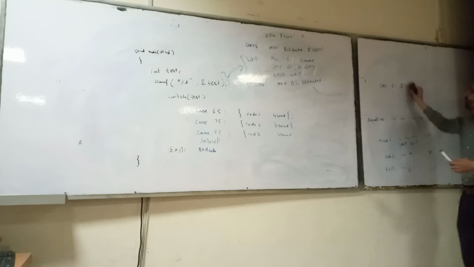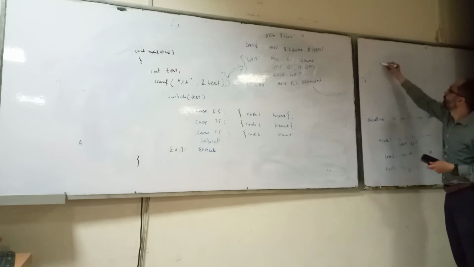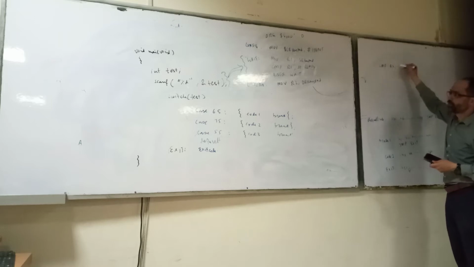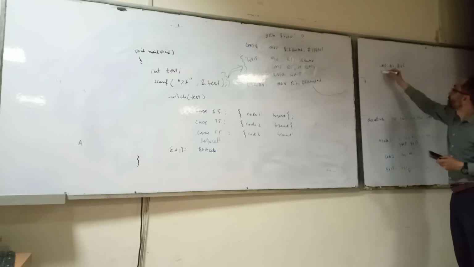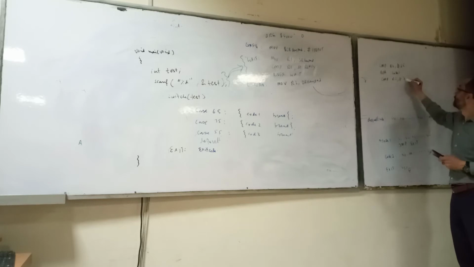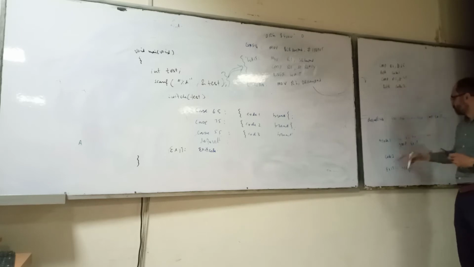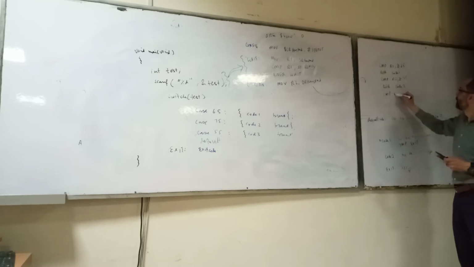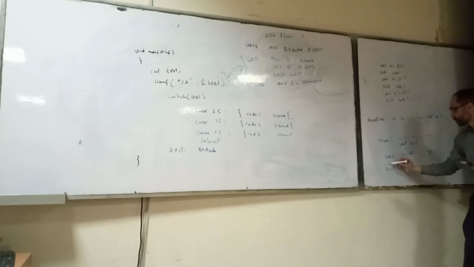So what we can do: compare R2 with 65, then branch equal code 1. Then compare R2 with 75, branch equal code 2. Compare R2 with 55, branch equal code 3. And in this case we will also use some code 3.